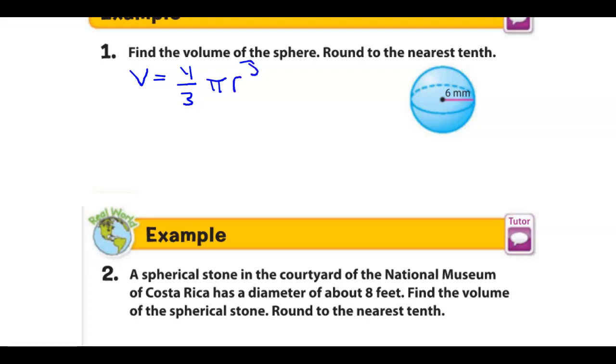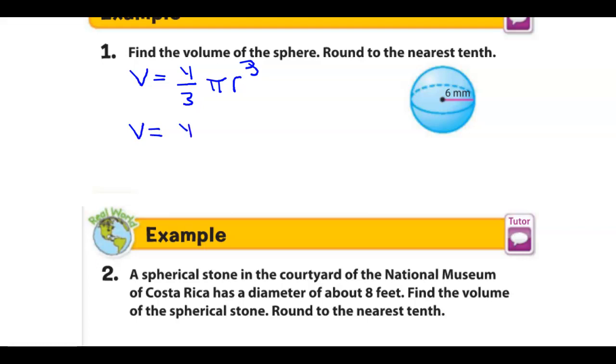That's probably the biggest mistake I see kids make. We'll remember 4/3 pi r to the third, but for calculation purposes, just do 4 times 3.14 times the radius to the third power, and then divide that by 3.